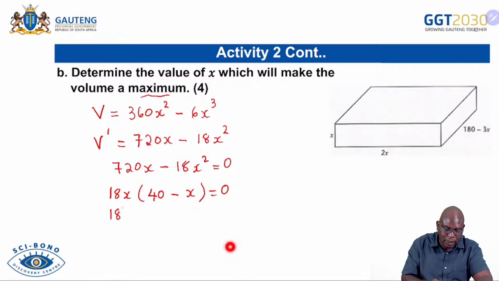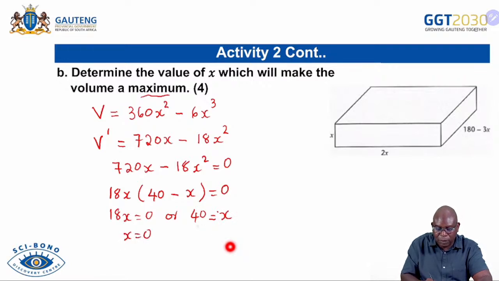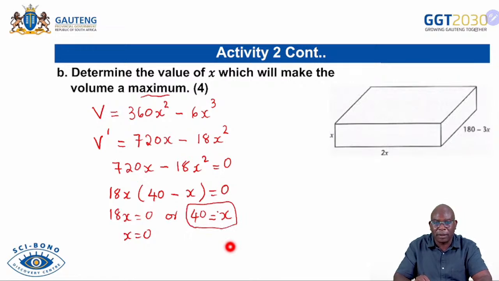The first x value will be equal to 0, and from 40 minus x equals 0, x will be equal to 40. But if I take x equals 0 and substitute it in my original, I'm going to get 0, which really will not make sense, since I haven't maximized it. So it's not at 0.